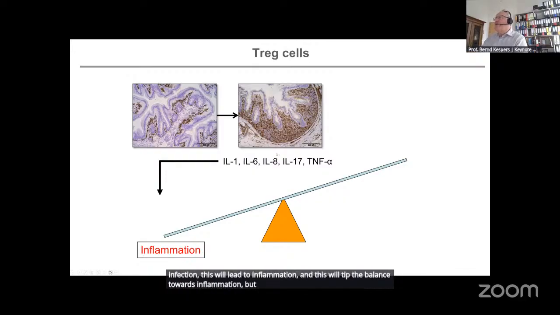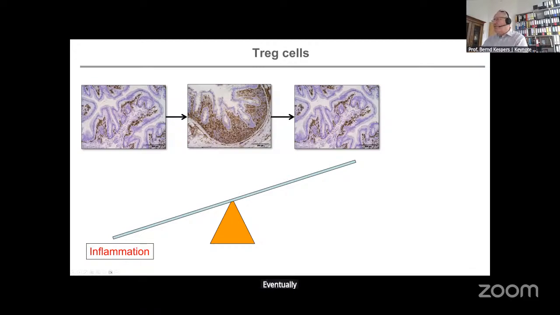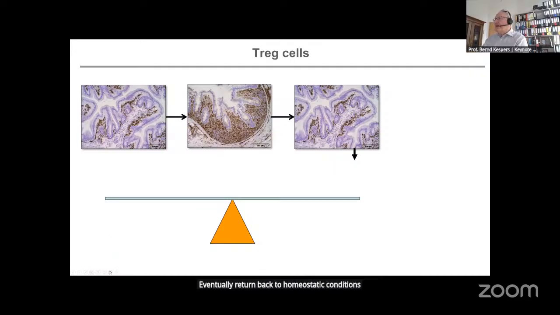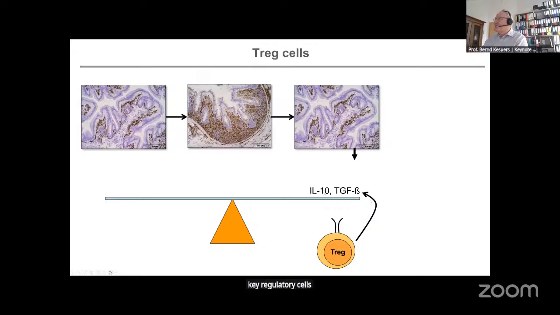But what we really need at the end of the day is that this is eventually returned back to homeostatic conditions and the balance is tipped back. And this is achieved by the regulatory T cells to a large part through their secretion of 2 cytokines called interleukin-10 and TGF-beta.